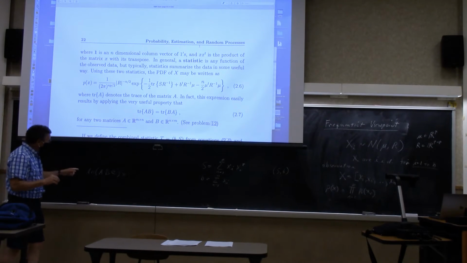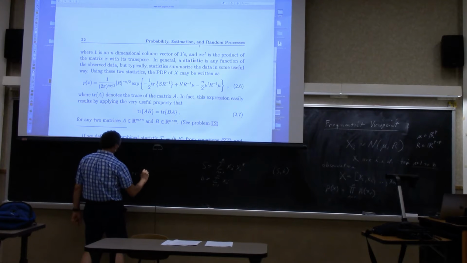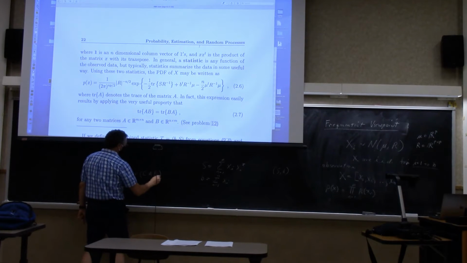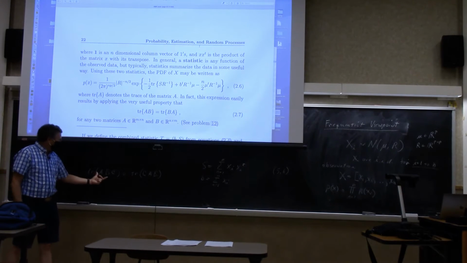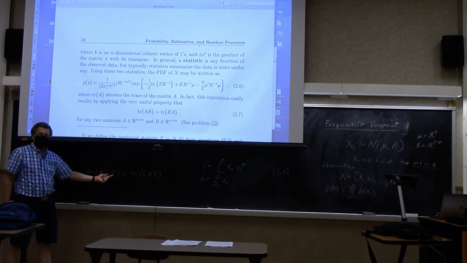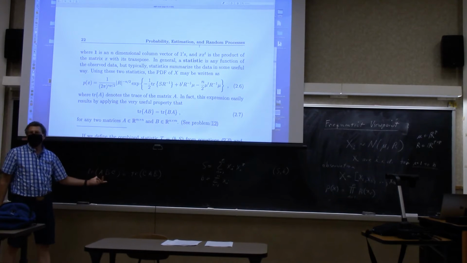Okay, so the trace of ABC is equal to the trace of CAB when those two expressions make sense. So if the dimensions of A, B, and C are such that you can just move this over here, then that's true, okay?